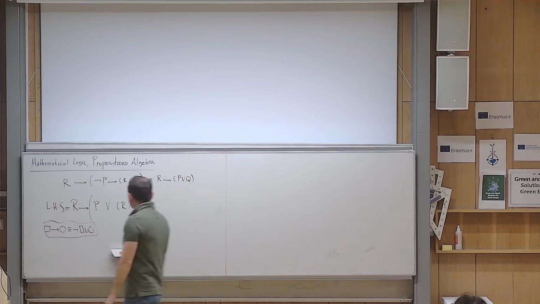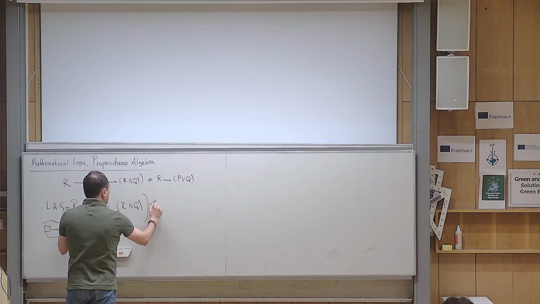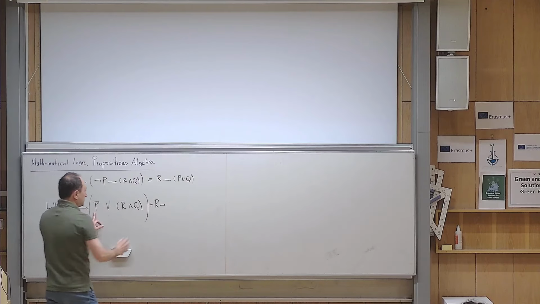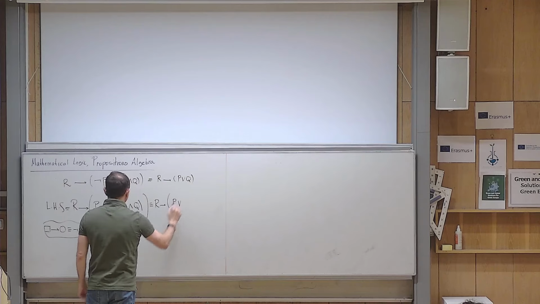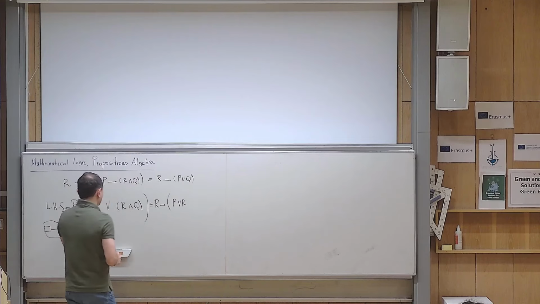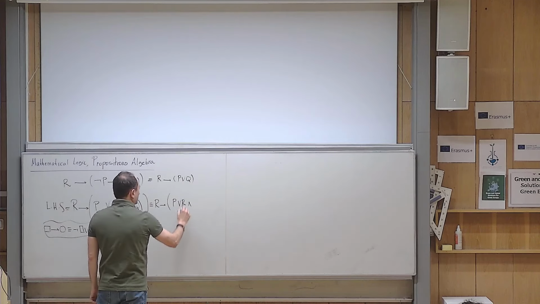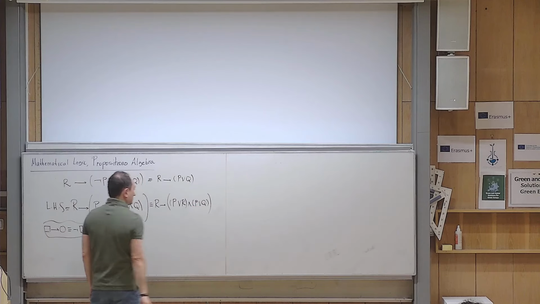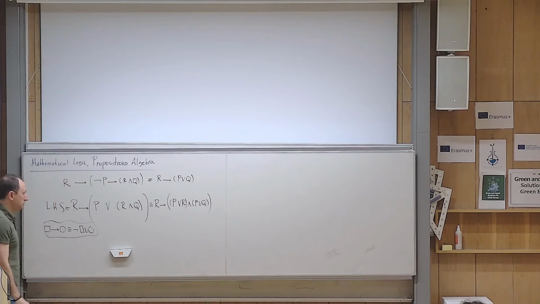So here I copy and paste the first two parts, these two, and then, as you told, I distribute this here. So let us see if it works or not. So it becomes P or R and P or Q. Okay?